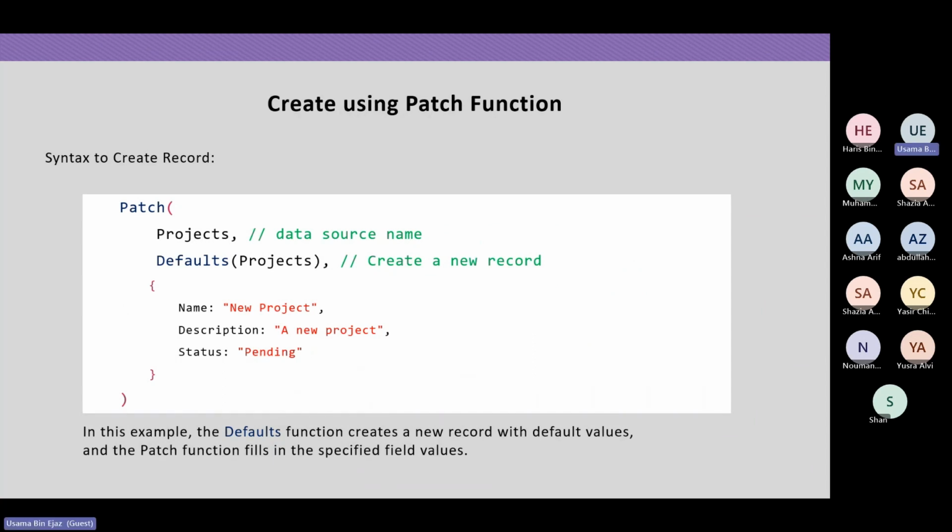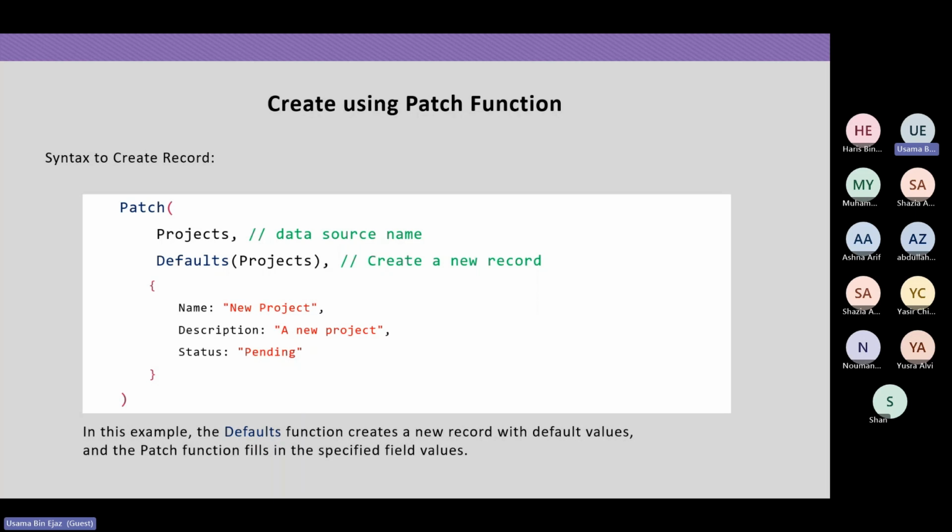If we want to create data, to insert a record in the database, we will use the Patch function like this. Suppose Projects is the name of your data source, which is a table or a list in SharePoint or Excel or SQL or any data source. You specify the name, and then you use Defaults(Projects). Basically, Defaults is a function which returns the default value of that data source, and if the default value is not present, it returns an empty record.